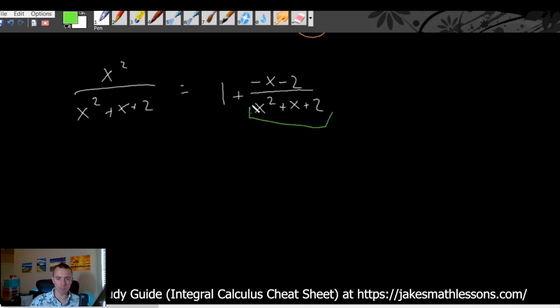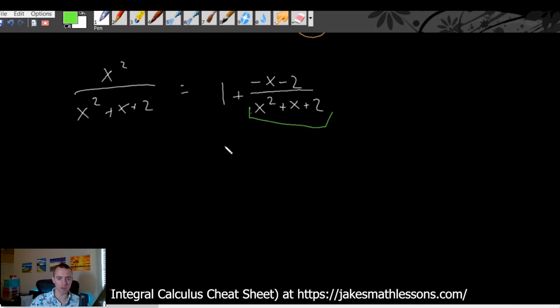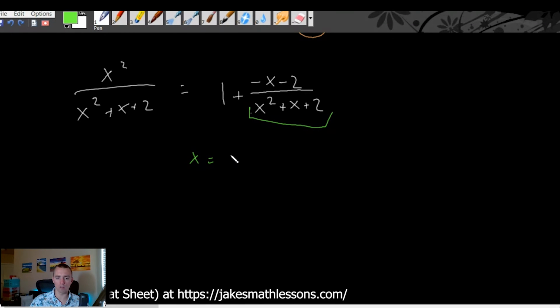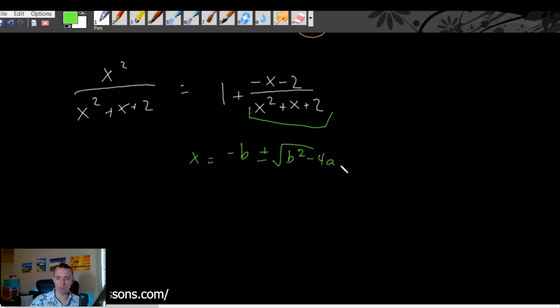Or in other words, if you think about the quadratic formula, which says that the roots of this denominator would be x equals negative b plus or minus the square root of b squared minus 4ac, all over 2a. What's inside the square root, b squared minus 4ac, needs to be 0 or positive.